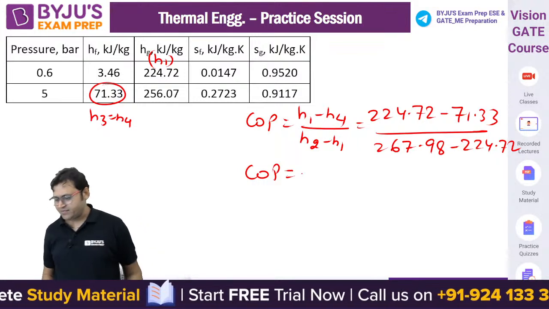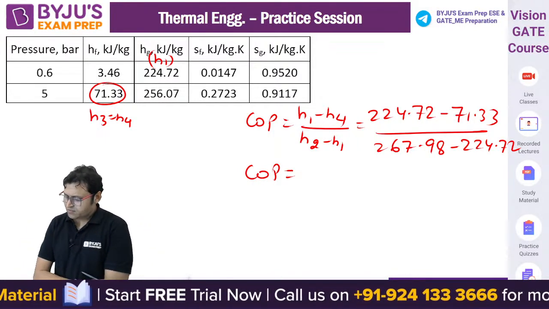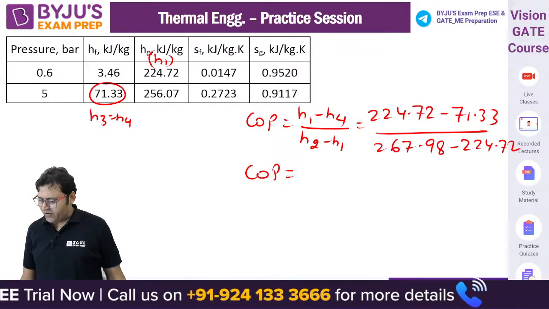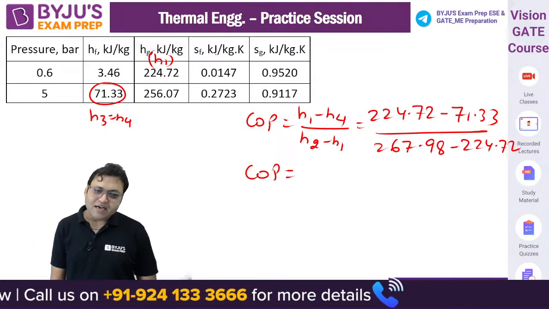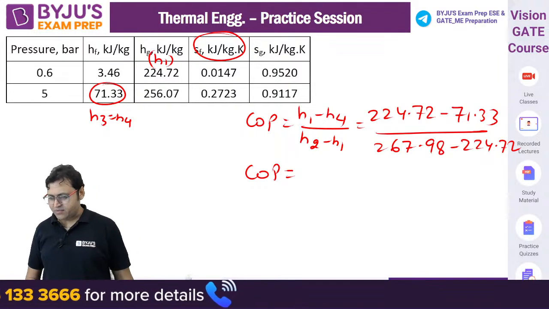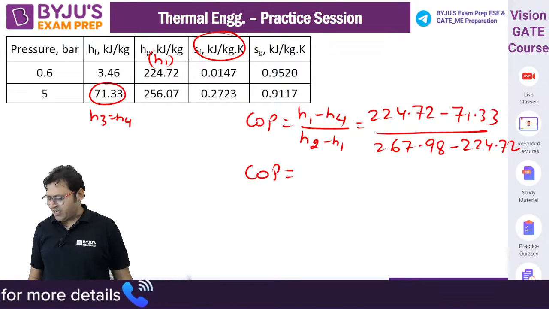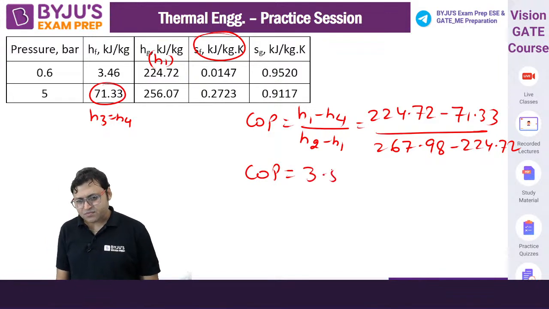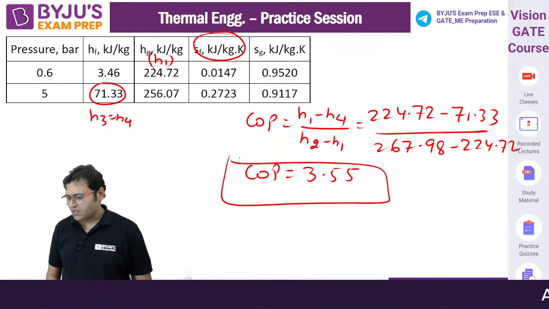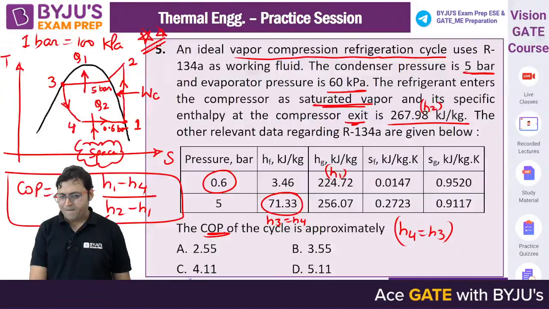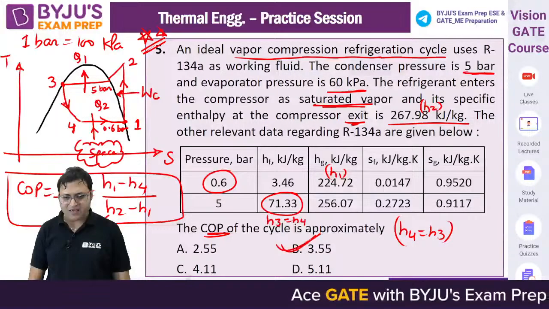Can you solve it? Can you guys solve it? We do not require the entropy values. How much is that? Are you getting it as around 3.55? 3.54, 3.55 something?